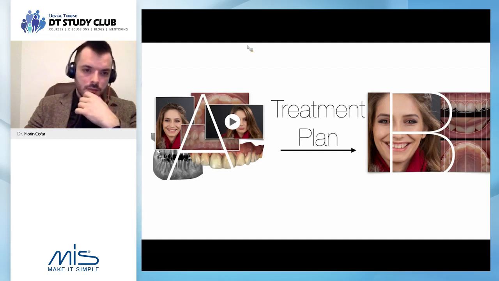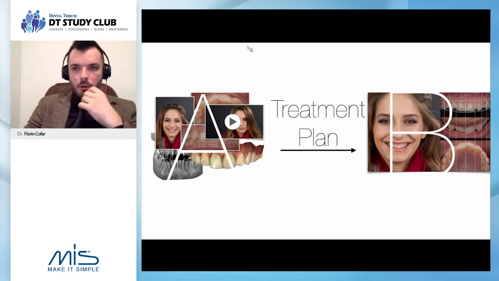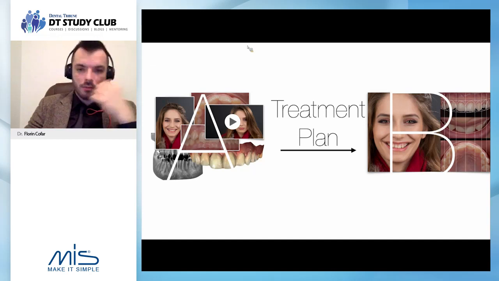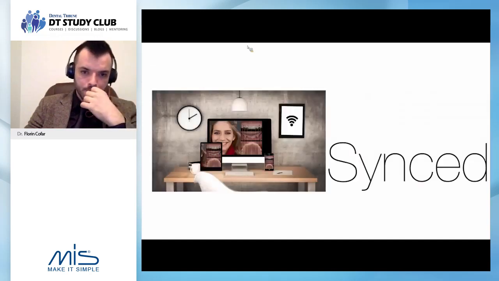There's a saying to this: for everybody who has a hammer, everything starts looking like a nail. It's very important when we're talking about interdisciplinary cases and especially treatment planning to try to think more like an architect rather than a dentist. We work as dentists, but we should have the mindset of an architect.